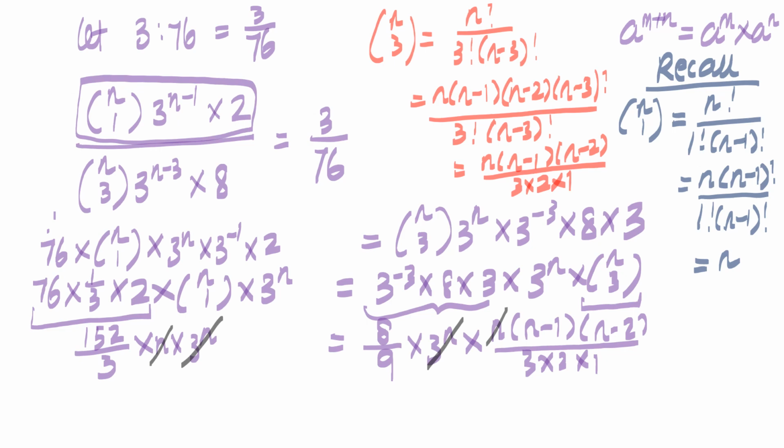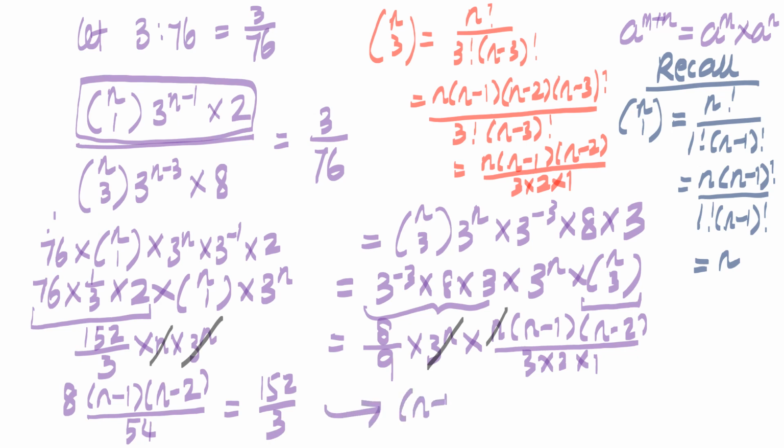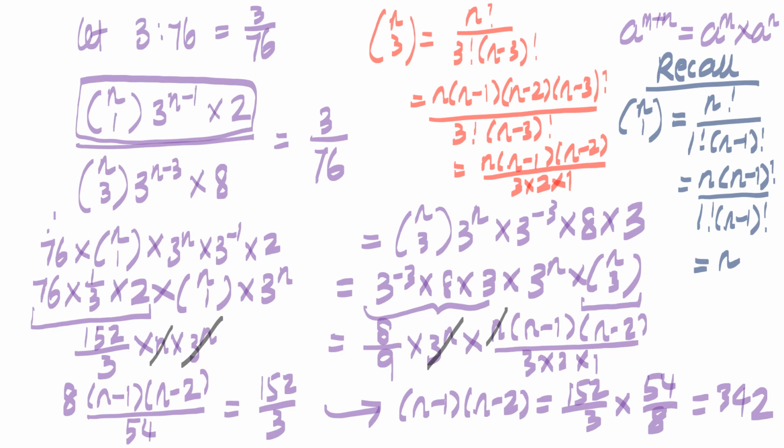If we simplify further, we will end up getting n minus 1 times n minus 2 equals 342.